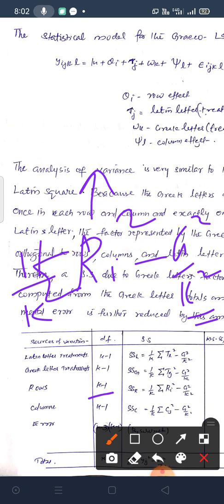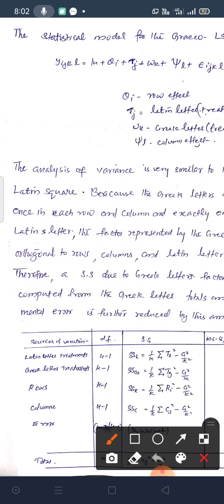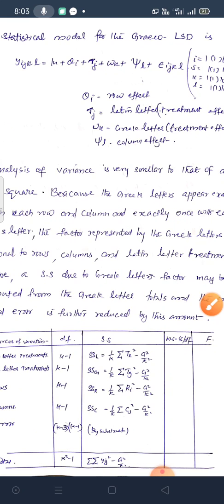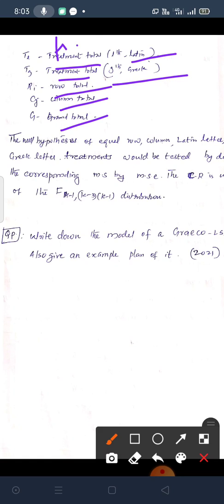So this is the sum of squares for rows, and similarly for columns, with column totals C. The Latin and Greek letter treatment totals are TL and TG, where TG is the Greek letter total. The terms are explained here: the Latin treatment total, Greek treatment total, row total, column total, grand total, and mu is the grand mean.